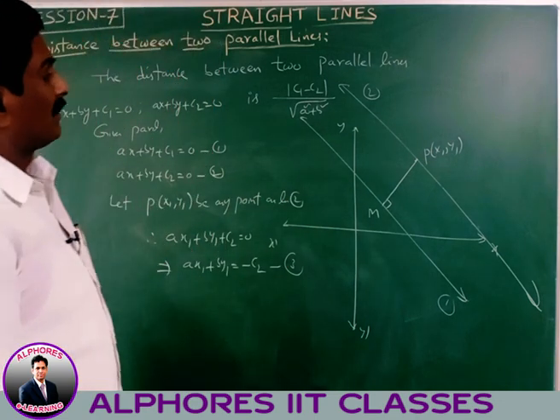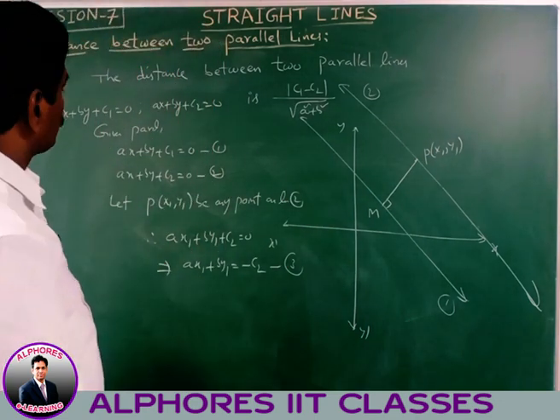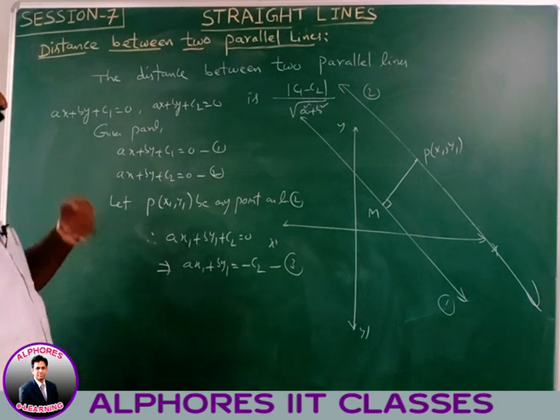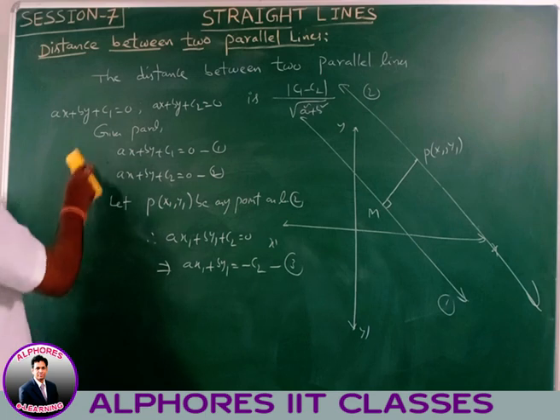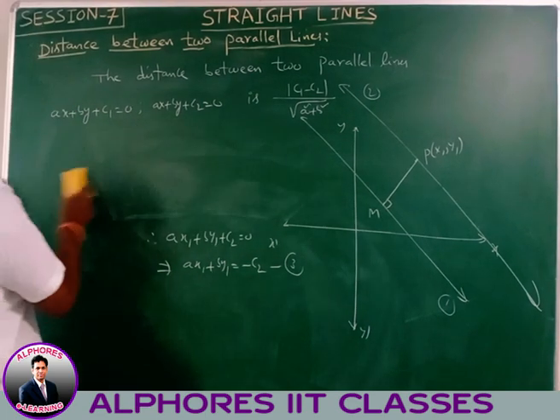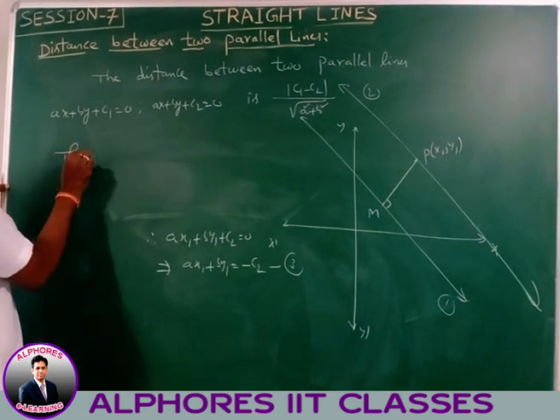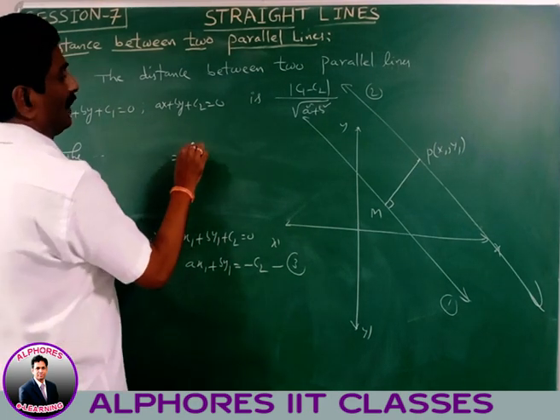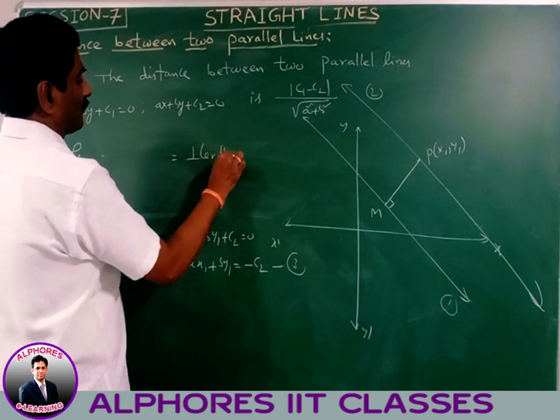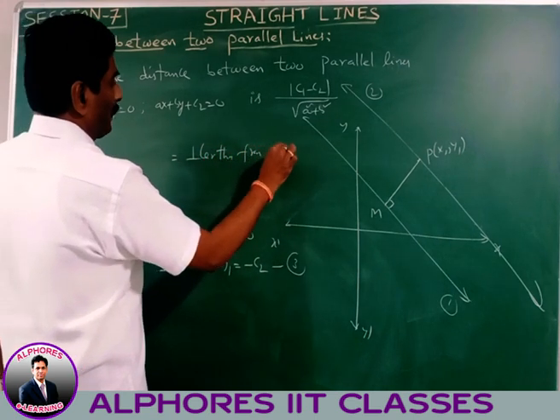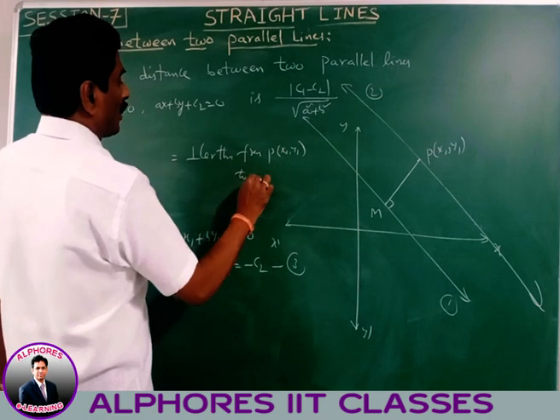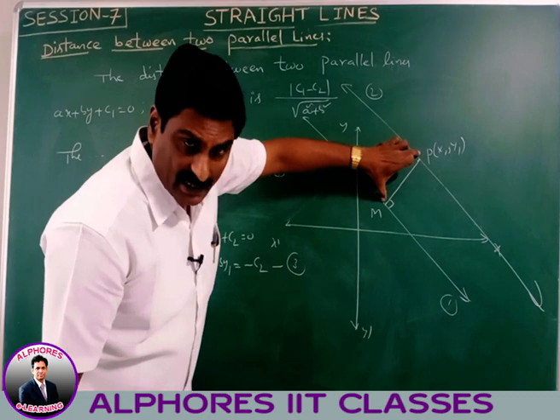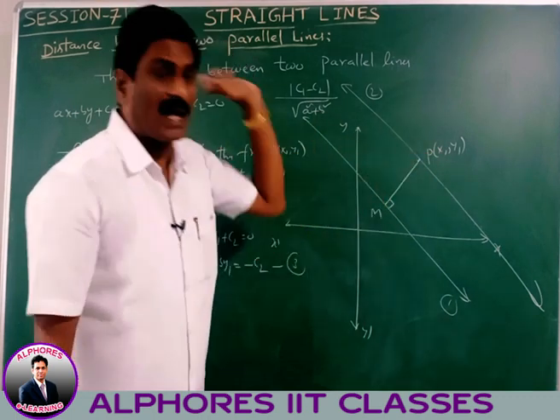Therefore, the distance between the two parallel lines is equal to the perpendicular distance from P(x1, y1) to line 1. The distance between these two parallel lines is nothing but the perpendicular distance from P to the first line.